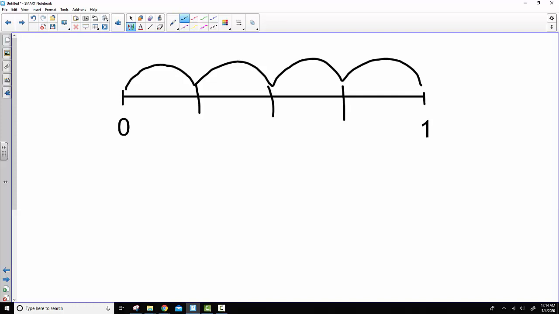This number line is divided by fourths. Again, we can name the ticks 0, 1/4, 2/4, 3/4, and another way to name 1 is 4/4.